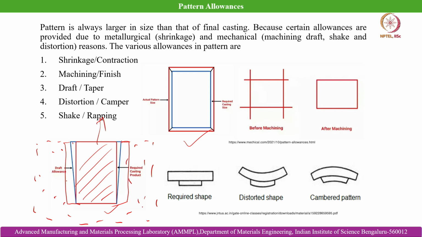Number 4 is the distortion or camber allowance. This is your required shape. Contraction happens during solidification, the freezing of the liquid melt in the form of the cast component.